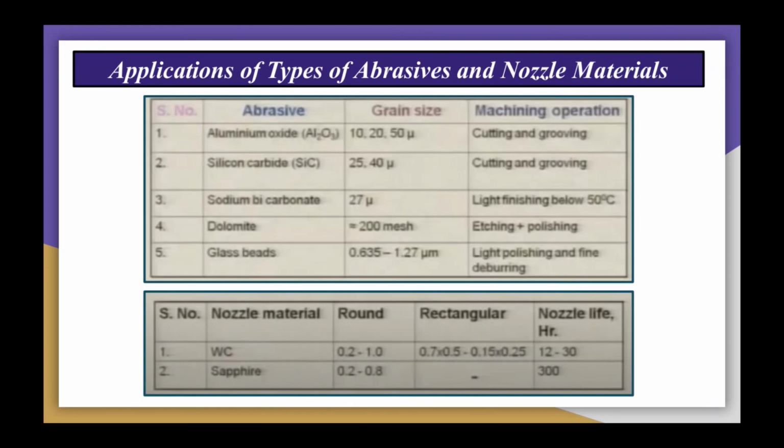One can be the length and another the width of the nozzle. If you consider nozzle life, in case of tungsten carbide it is quite low, 12 to 30 hours, and in case of sapphire it is 300 hours. But actual nozzle life will depend upon how severely or how lightly you are performing the AJM process.